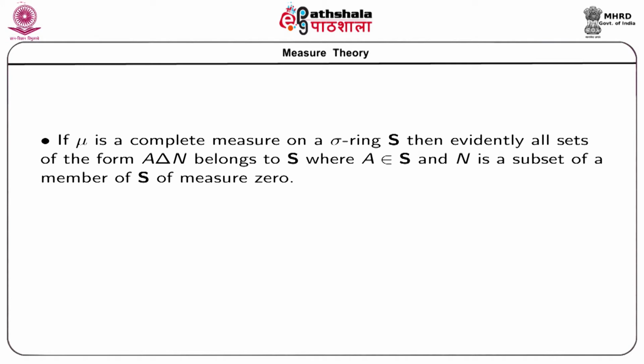But in general, there are examples of abstract measures which are not complete. If mu is a complete measure on a sigma ring S, then evidently all sets of the form A delta n belong to S, where A belongs to S and n is a subset of a member of S of measure 0.